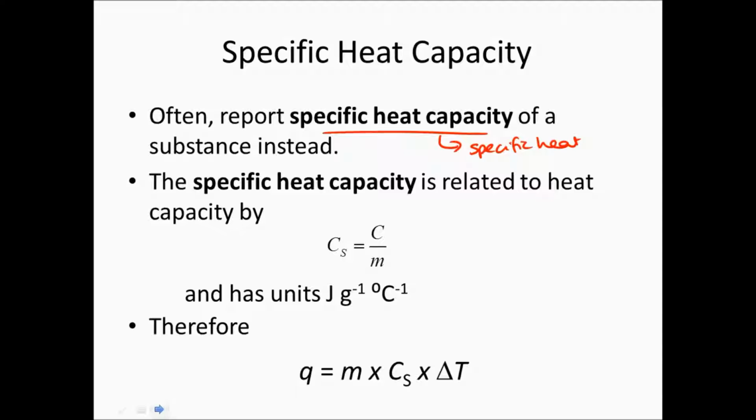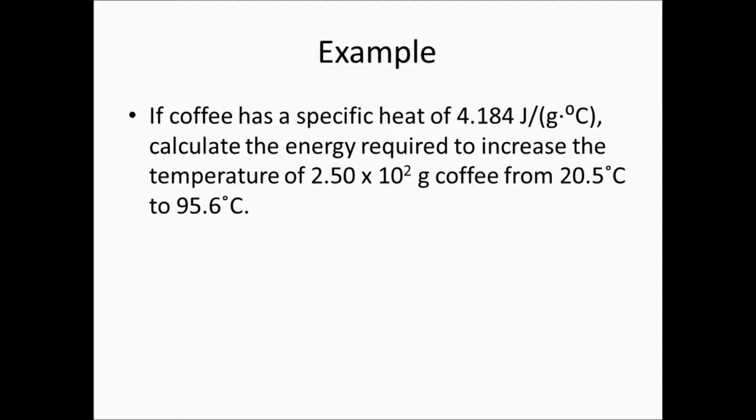From this you can show that Q, the heat change, is mass times the specific heat times the change in temperature, where the mass is in grams, the specific heat is joules per gram per degree Celsius, and the change in temperature has to be in degrees Celsius, which is equal to the change in kelvins.